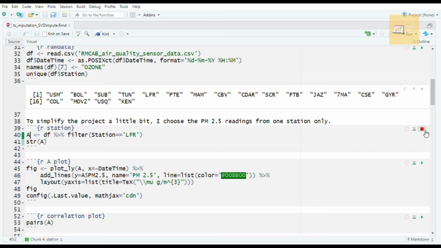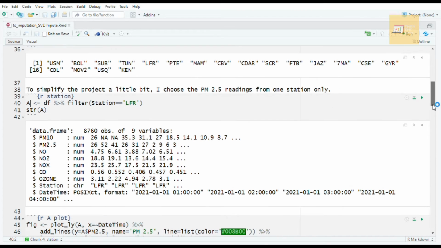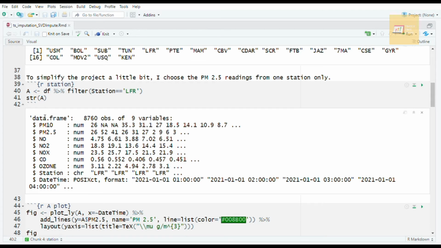Okay, let's run the cell. Here, by running the function str in R, we can take a glance at the subset A, and from this we can see that A has around 8,700 observations. This is an hourly time series for the year 2021.